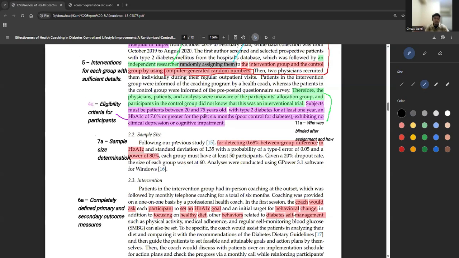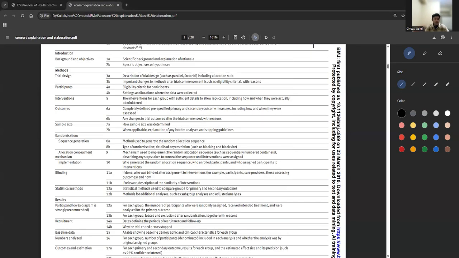And then we move to 7A, sample size determination. This article says they used a method to find a change in HbA1c with power of 80%. And then for 7B, when applicable, explanation of any interim analyses and stopping guidelines.